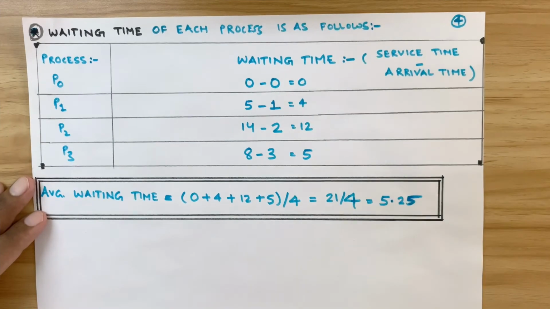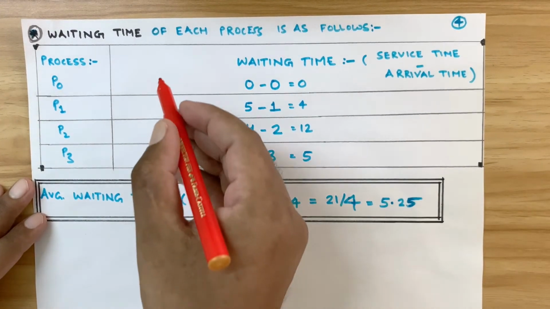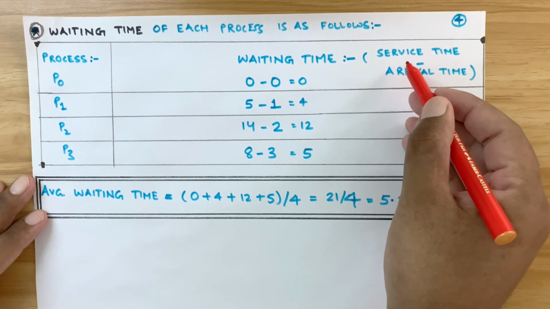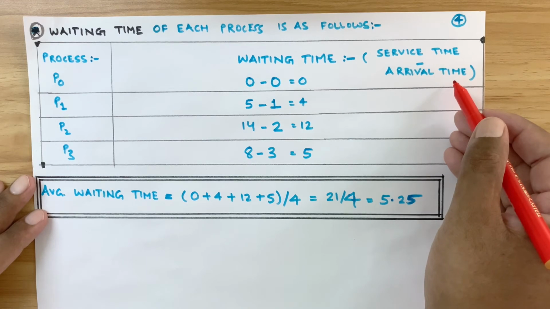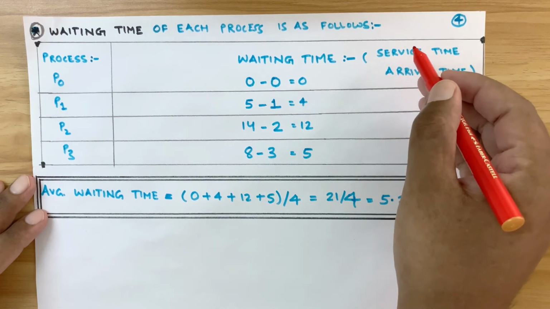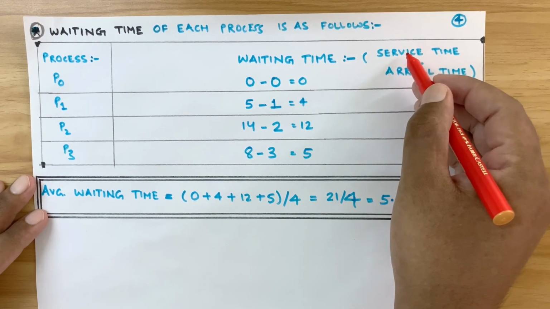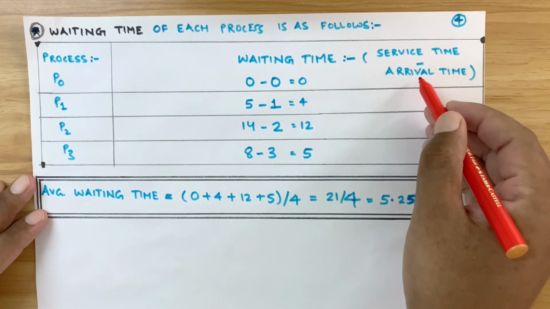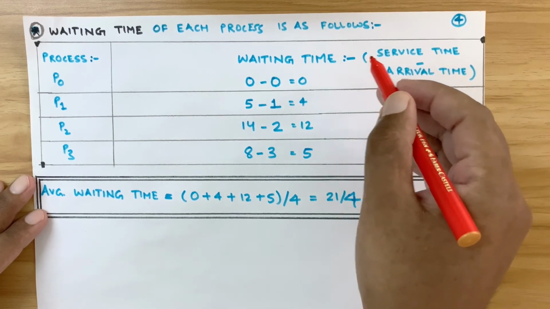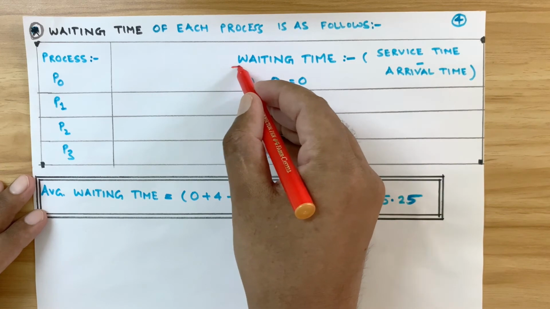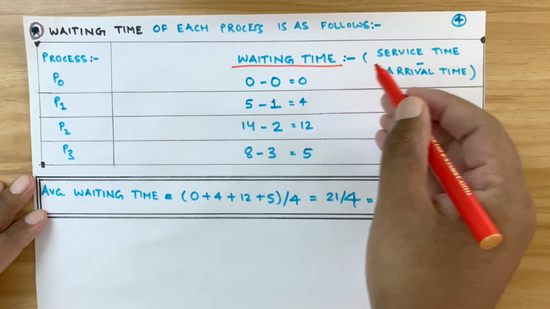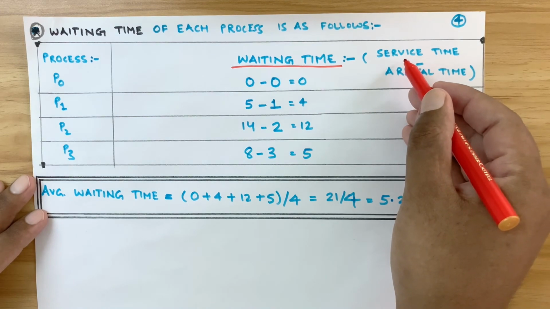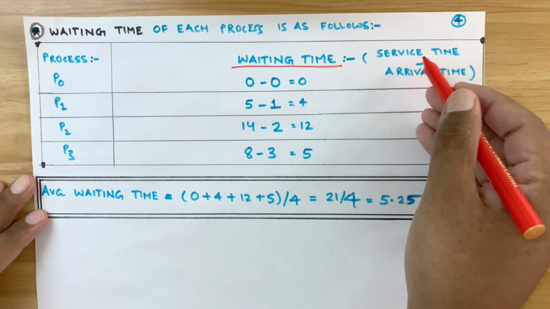Now we will calculate the waiting time of each process as follows. Waiting time has a formula, that is service time minus arrival time. It makes sense because the time at which you provide the processor and the time at which the process arrived, their subtraction gives us the waiting time, how long the process has to wait to get the processor for execution.